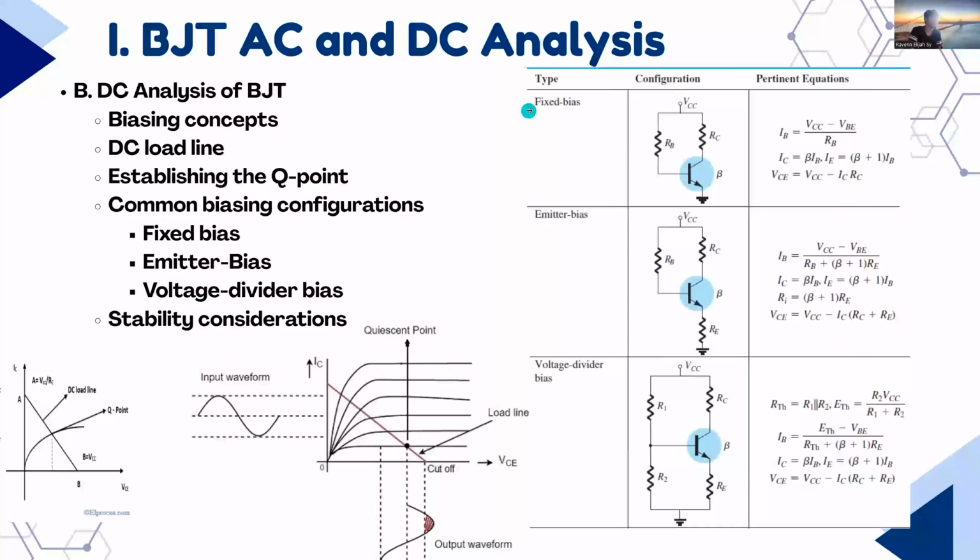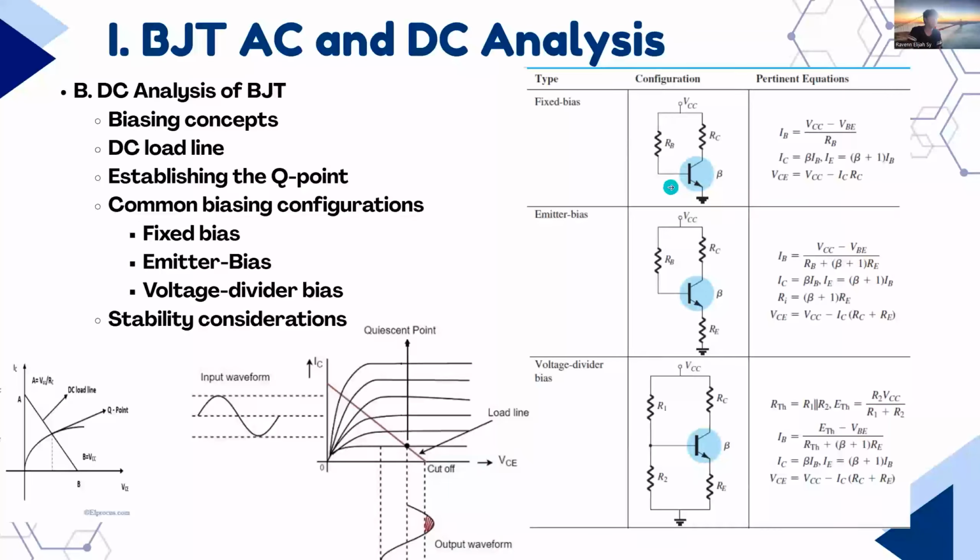This configuration uses a single resistor connected directly from the supply, VCC, to the base, or B. While simple, it is highly dependent on the transistor current gain, because each transistor has its own gain.